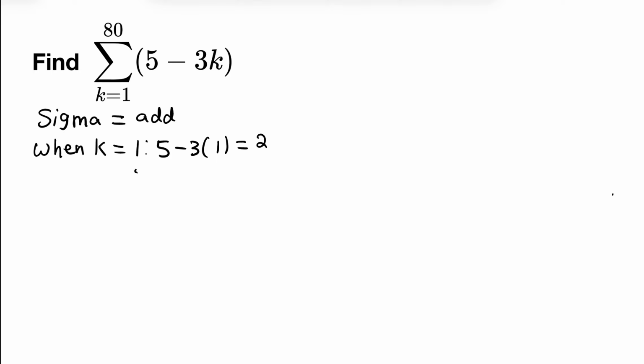Do the same for 2. 5 minus 3 times 2 equals negative 1. And do the same for 3 when k is 3. So we have 5 minus 3 times 3 equals negative 4. Okay, and so sigma means we would add all of those all the way to k equals 80.